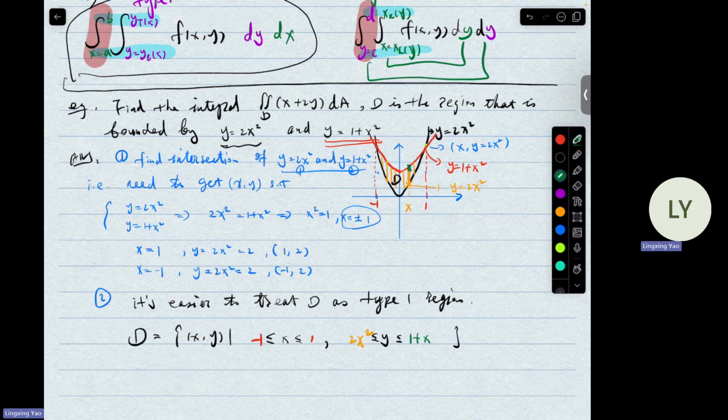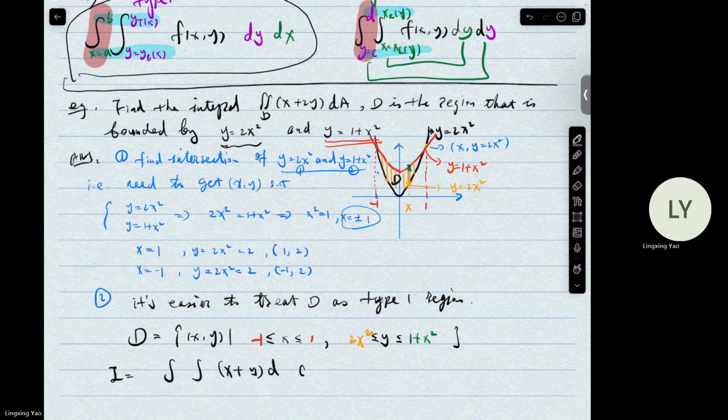So with this discussion, it is easy to write down the iterated integral.